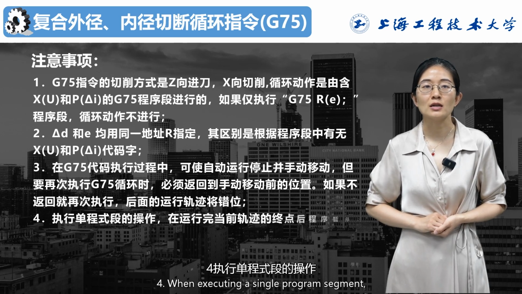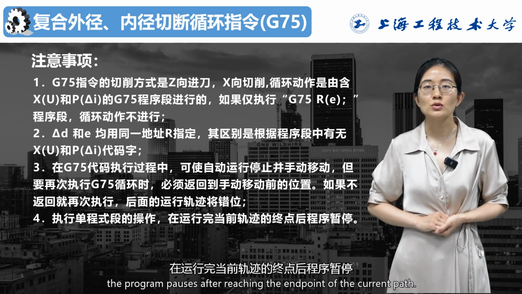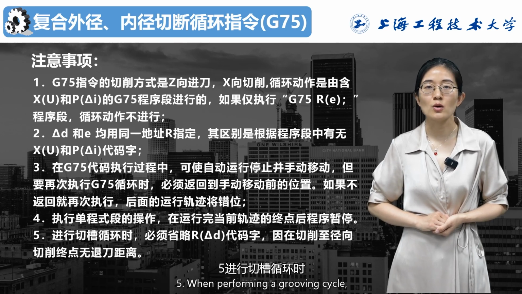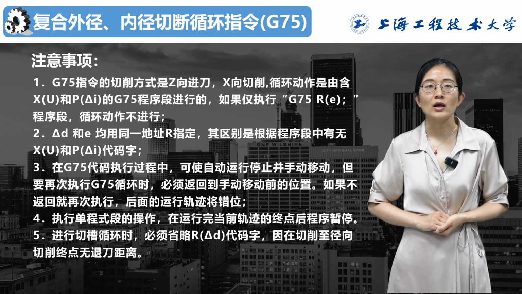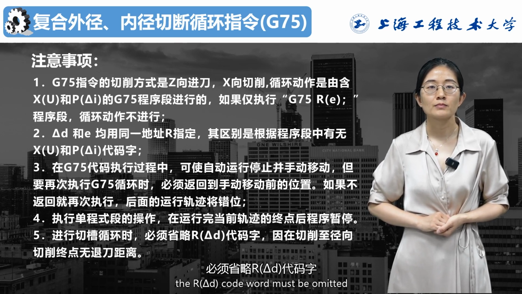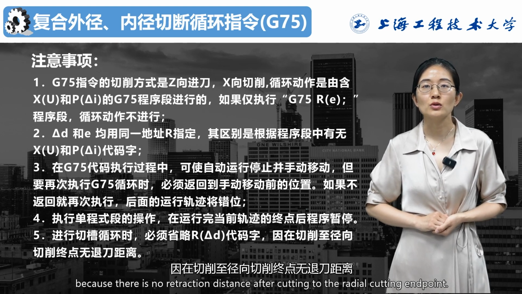Fourth, when executing a single program segment, the program pauses after reaching the endpoint of the current pass. Fifth, when performing a grooving cycle, the R(Δd) code word must be omitted, because there is no retraction distance after cutting to the radial cutting endpoint.